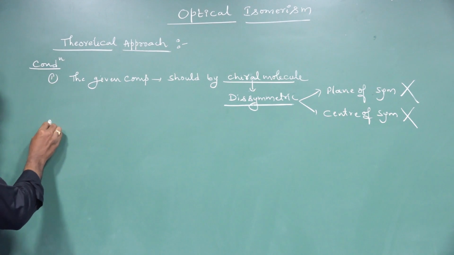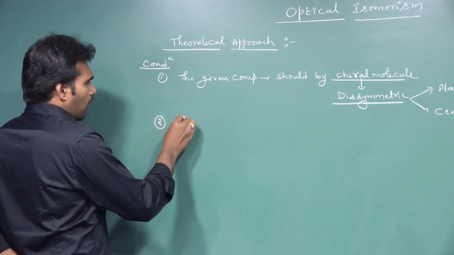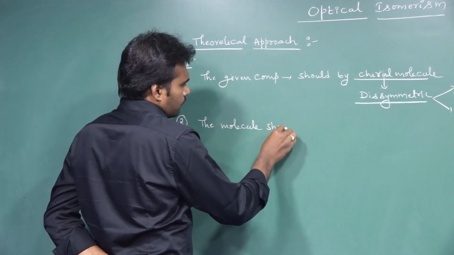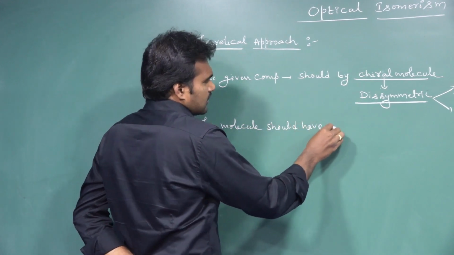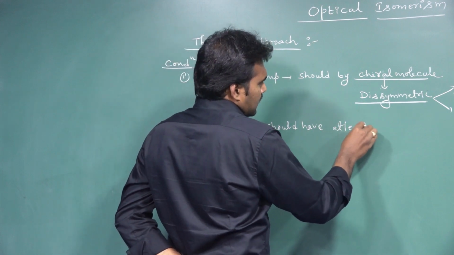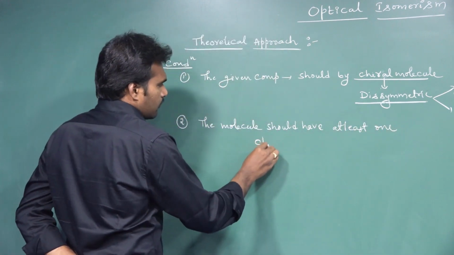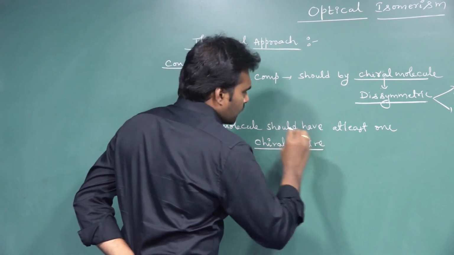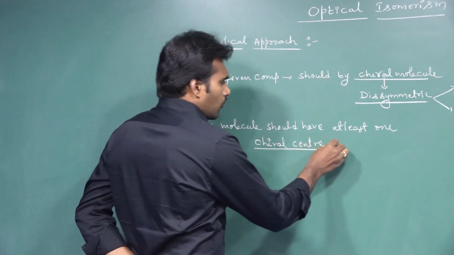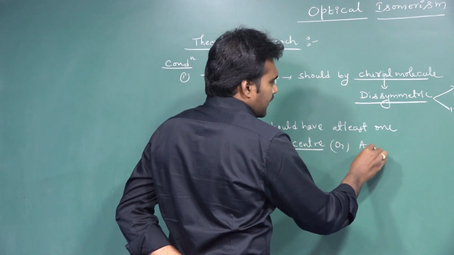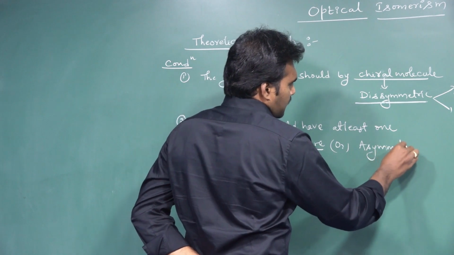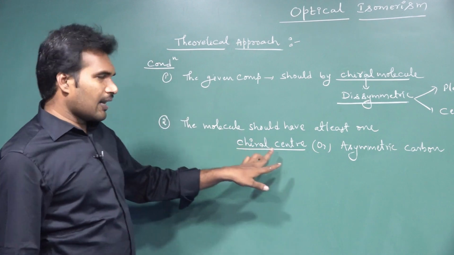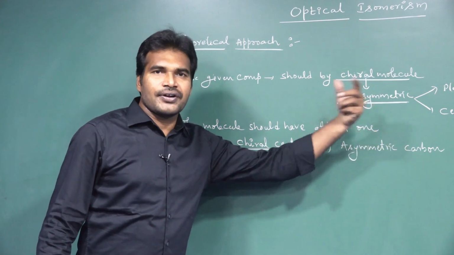Next, the second condition is the molecule should have at least one chiral center. The chiral center is also called an asymmetrical center or asymmetric carbon.